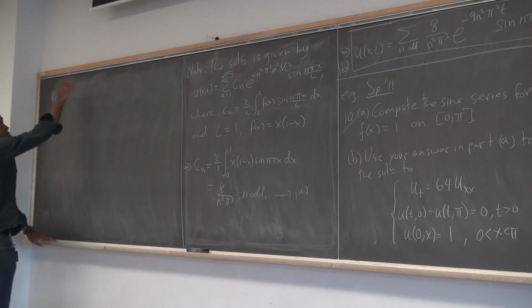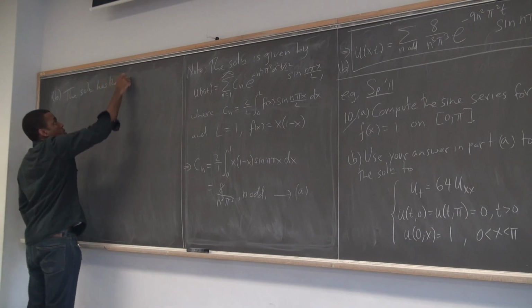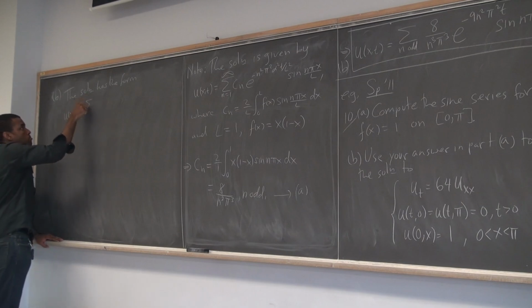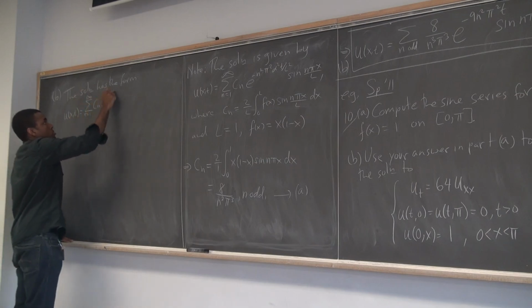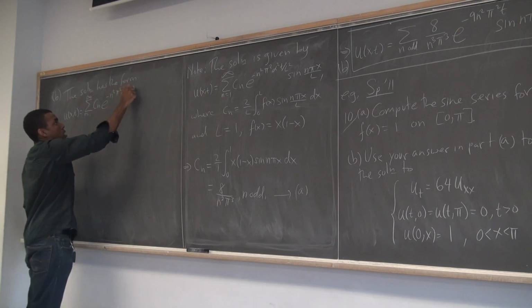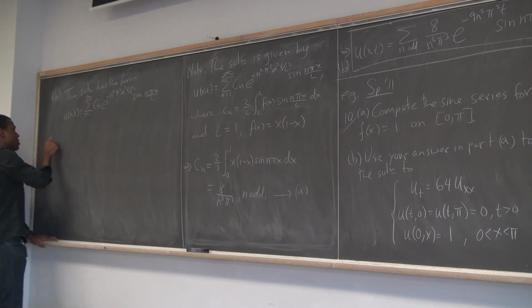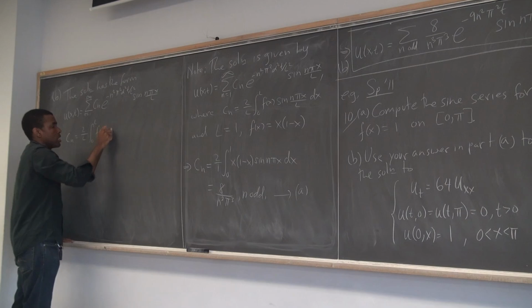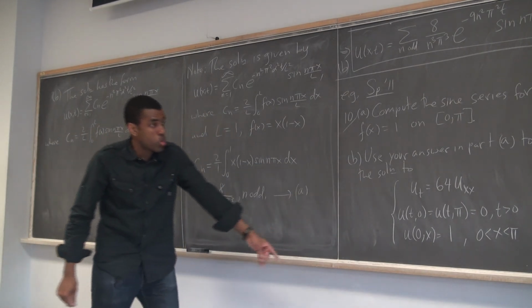So we know the solution looks like the sum from 1 to infinity of Cn times e to the negative n squared pi squared alpha squared t over L squared, times sine n pi x over L, where the Cn is 2 over L integral from 0 to L of f of x sine n pi x over L dx.